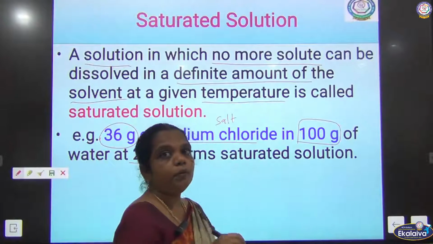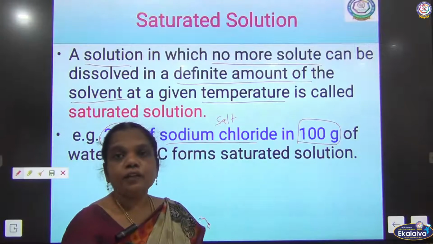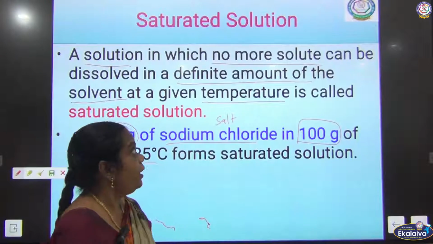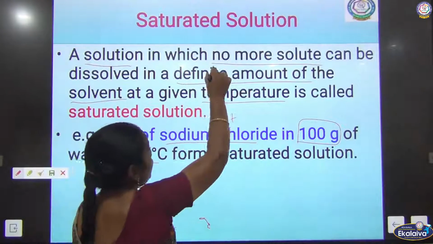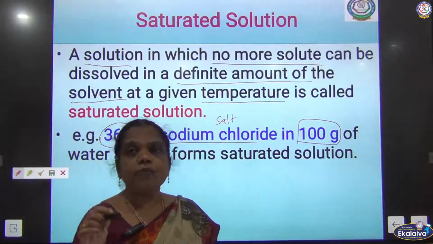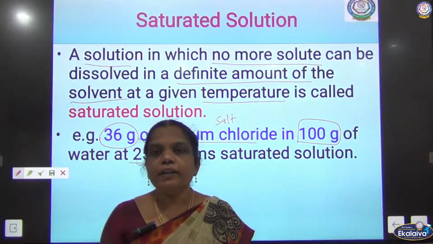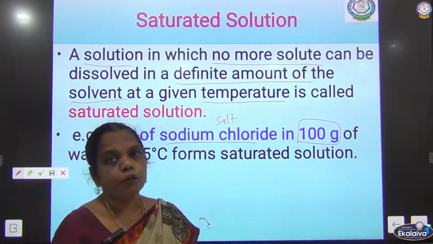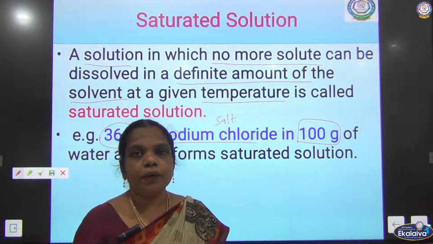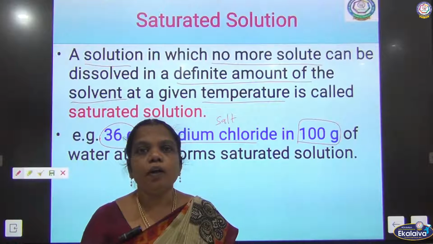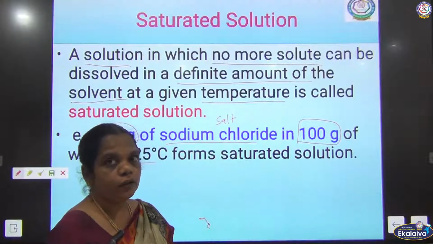So that type of solution is called what? Saturated solution. What is meant by saturated solution? When no more solute particle can be dissolved in the given amount of solvent under the condition, that is room temperature and pressure, that type of solution is called saturated solution.